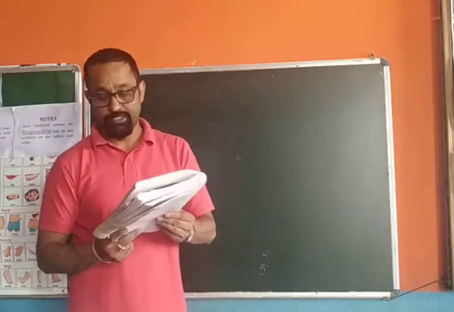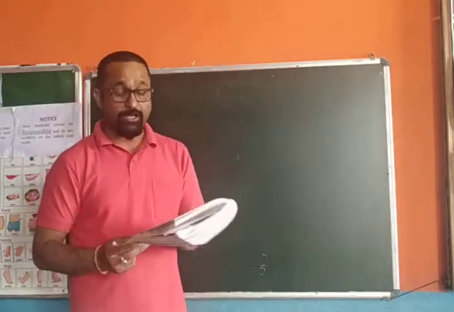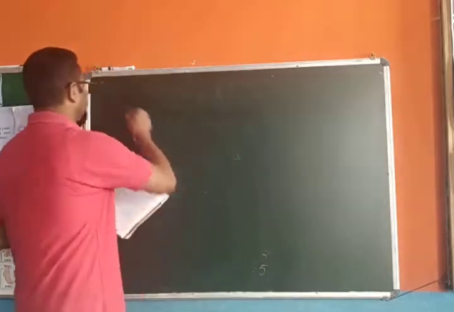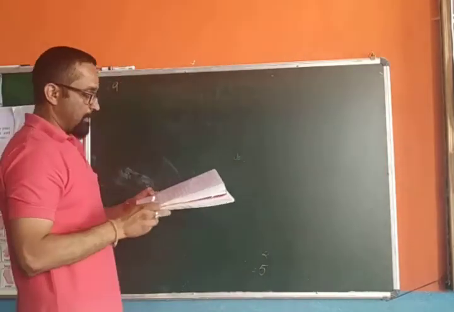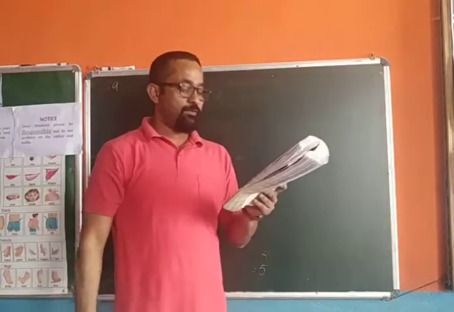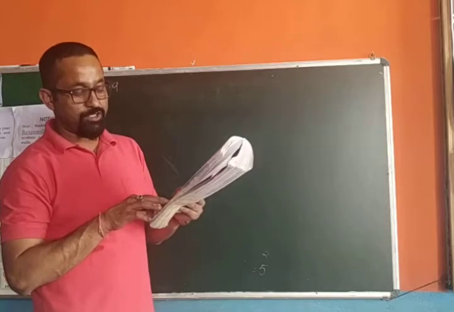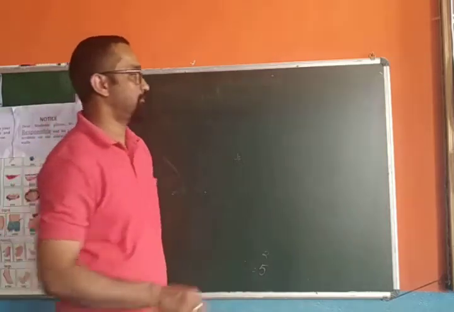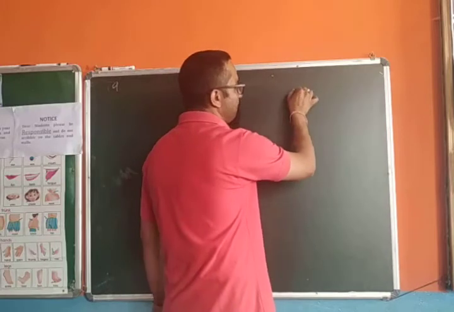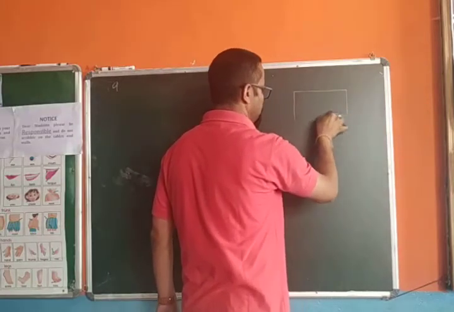Question number 8 is similar. You can do it yourself. Look at question number 9. Length of the longest rod which can be kept inside a rectangular box is 17 centimeter. You can draw a diagram if you don't understand it.